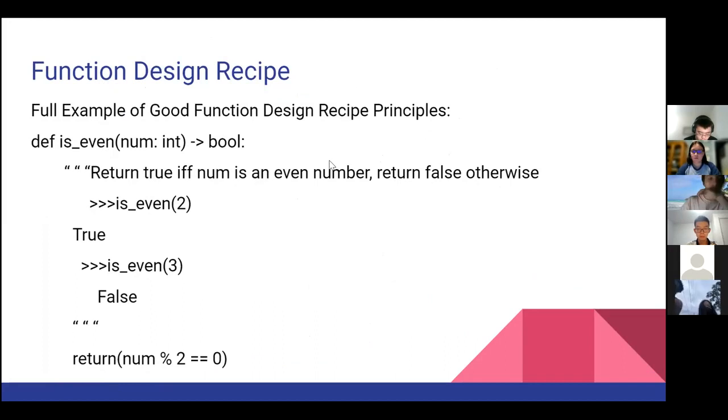And here's a full good example, and we'll go over another one too in the Wing shell. So here's a good example of a function that follows the design recipe principles. We have the function def is_even. This function checks if a given number is even and outputs True if it is and False if it isn't. Our description is: return True if and only if num is an even number, and False otherwise.